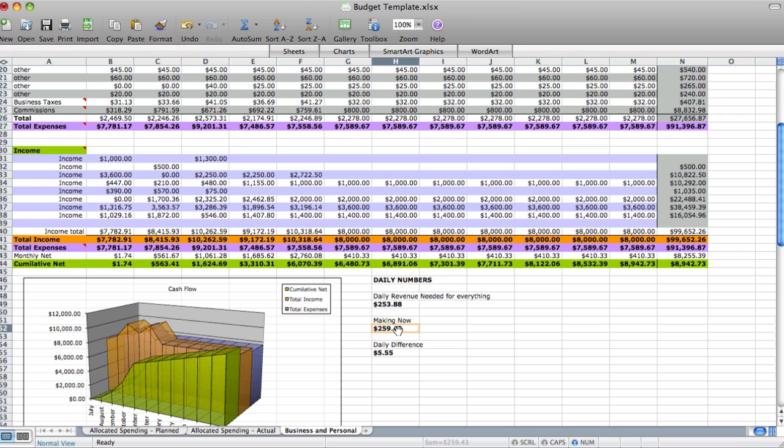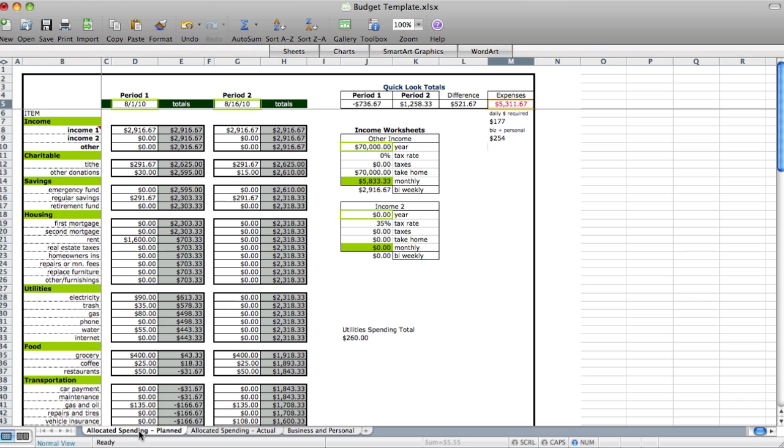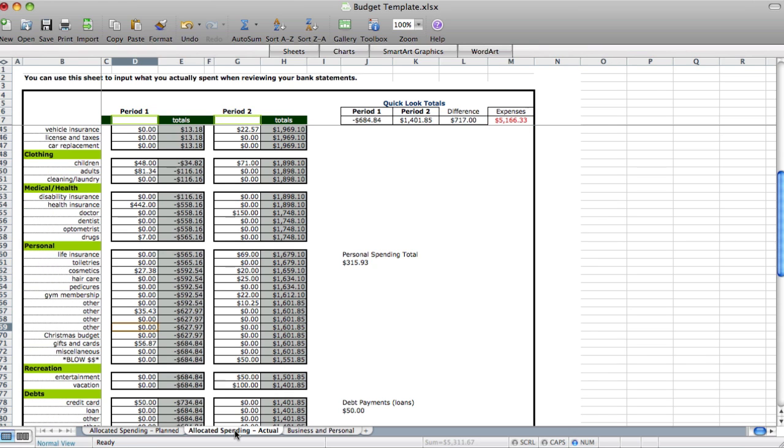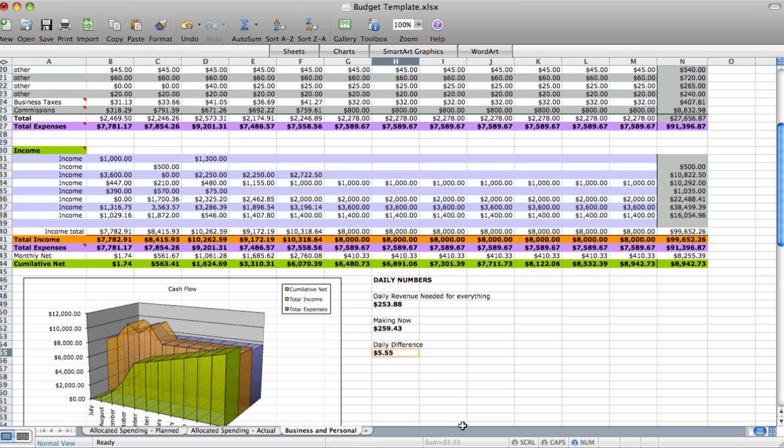So I can see what I'm making now, 259, and what I need to make for everything, 253 for this example, and what the daily difference might be. So you have your allocated spending planned, allocated spending actual to go through and account for what you actually spent, and your business and personal.